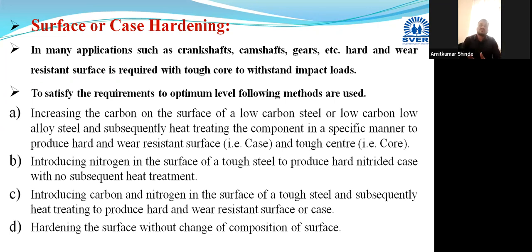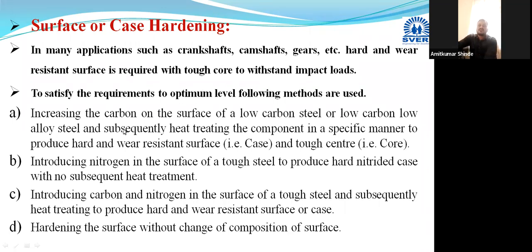If we are using high carbon steels, then it is very easy to obtain a hard and wear resistant surface, but it is very difficult to obtain toughness at the core. Medium carbon steel will give intermediate properties, but not to the optimum level of our requirement, so that we can use it in practical life to manufacture crankshafts, camshafts, or gears.